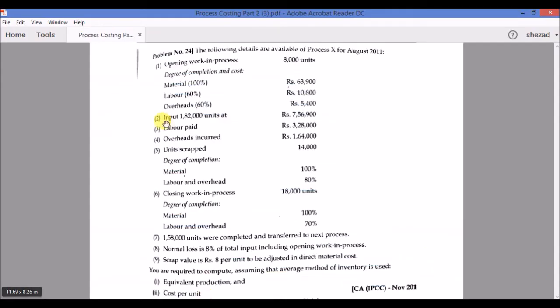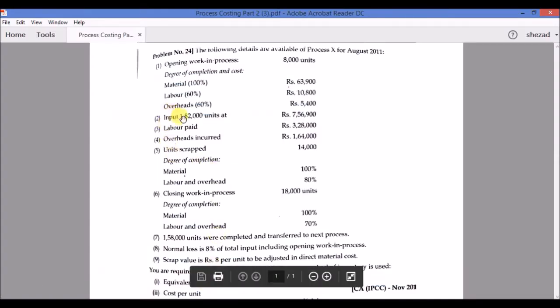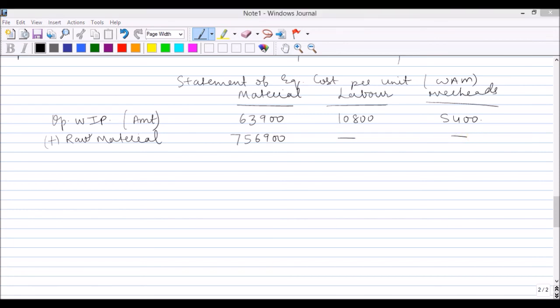And then the other cost is, there is a raw material introduced which is 756,900. Okay, there is no labor and overheads.